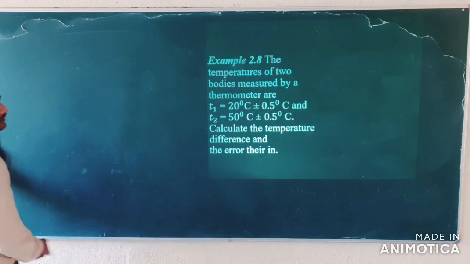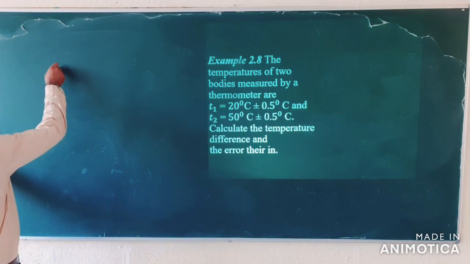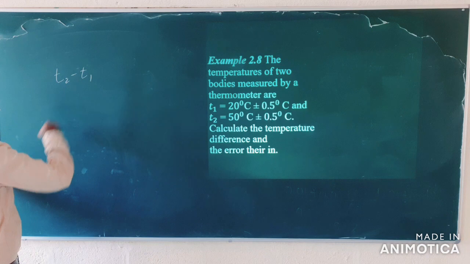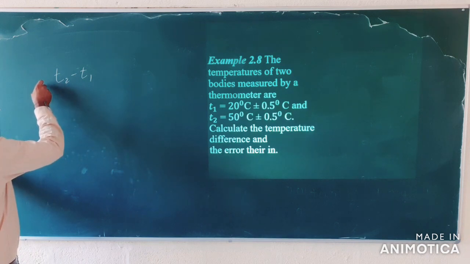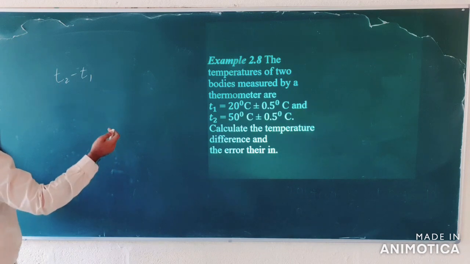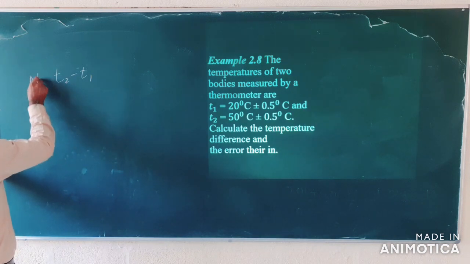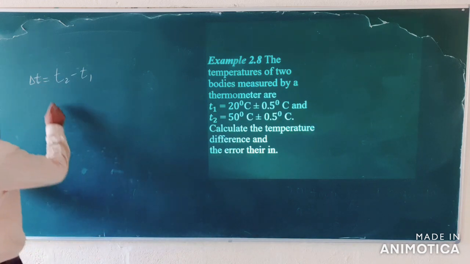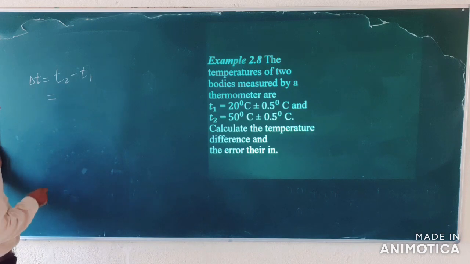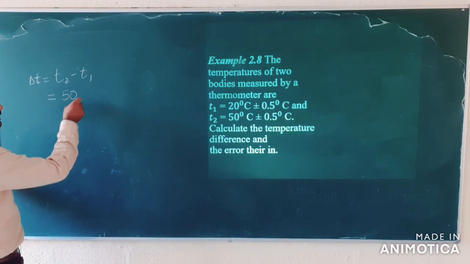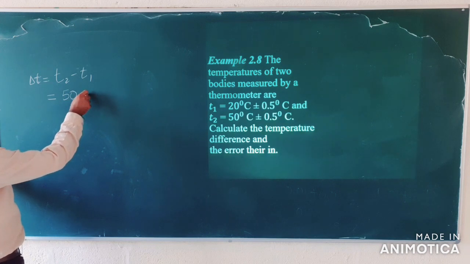So what we need to calculate is the temperature difference, which is T2 minus T1. When I take the simple values, it's going to be very simple. The difference of temperature shall be taken as delta T. I have taken this symbol, no need to worry about it. So delta T is T2 minus T1. T2 is 50, T1 is 20.